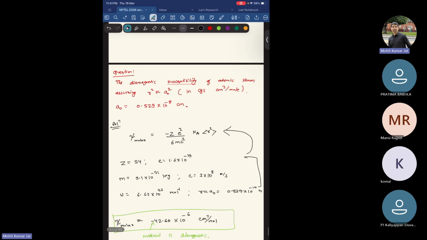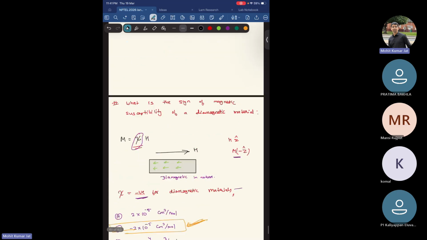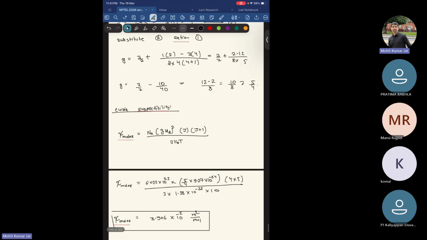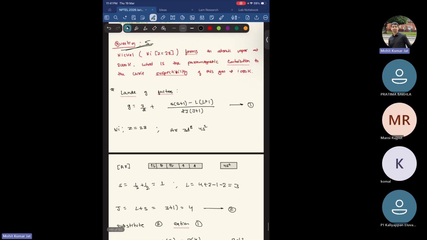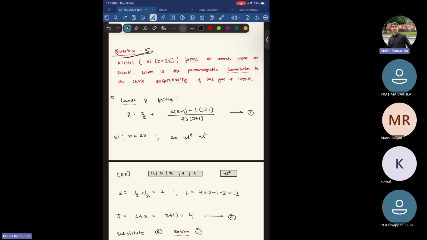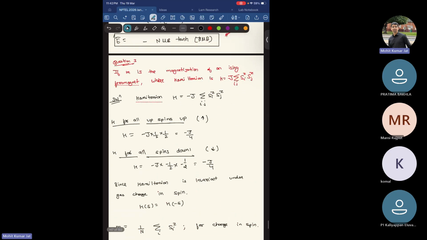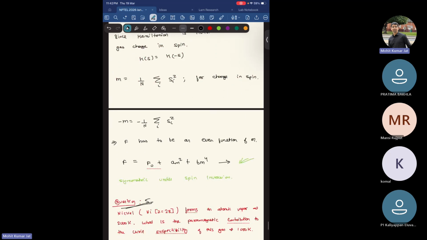And in today's class we discussed the susceptibility, the diamagnetism, and the qualitative and the quantitative numbers of this Curie susceptibility. And depending on the given Hamiltonian for the spin degenerate bands for up and down, we found that this Helmholtz free energy has to be an even function, because the Hamiltonian is symmetric under spin inversion.